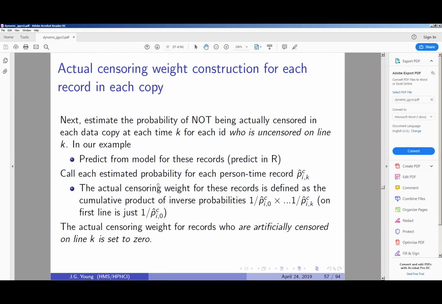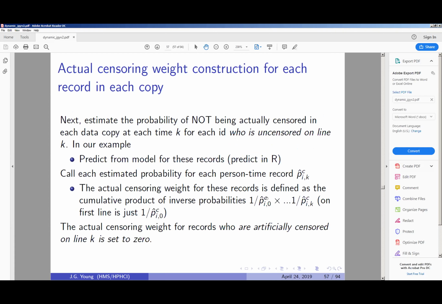We're going to estimate the probability of not being actually censored in each data copy. If we fit a pooled logistic regression model to all the records, we could just use, again, predict in R. Or if we had deterministic knowledge, we could incorporate that instead of basing it on the model. And again, the actual censoring weight is going to be the product of 1 over the estimated probability of not being censored.